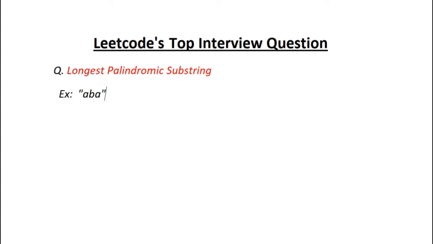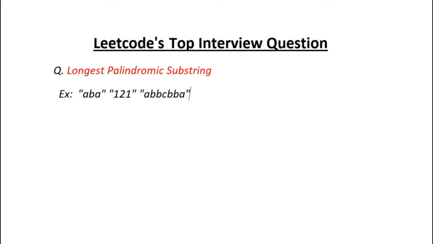All such strings which are the same if we read from left or right are called a palindrome. It can also be a bigger example, like ABBCBBA. If we go from left or from right, it's the same.